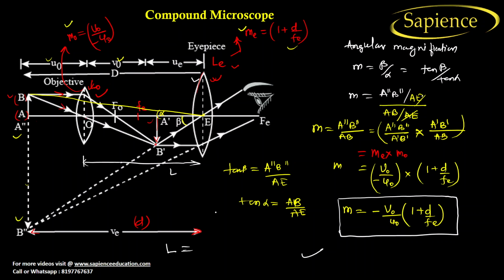Try to think by yourself. Very easy: it is vo plus ue. So we can write the length of the compound microscope as image distance plus object distance, ue. By this way you need to solve this.